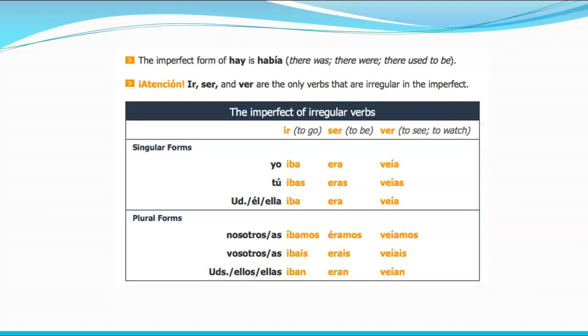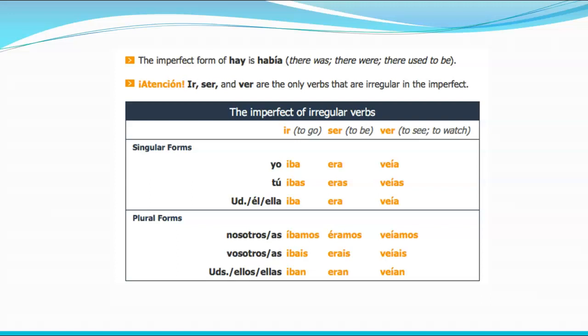Ir, ser, and ver. So ir is iba, and then we add the appropriate endings. Iba, ibas, like the tú form except for preterite, typically ends with an S. Iba, so yo, él, ella, usted, they have the same form. So yo iba, usted iba, él iba, ella iba. Nosotros íbamos, and ellos, ellas, ustedes iban.